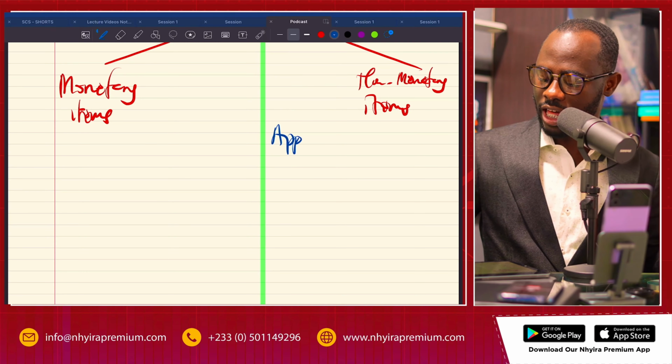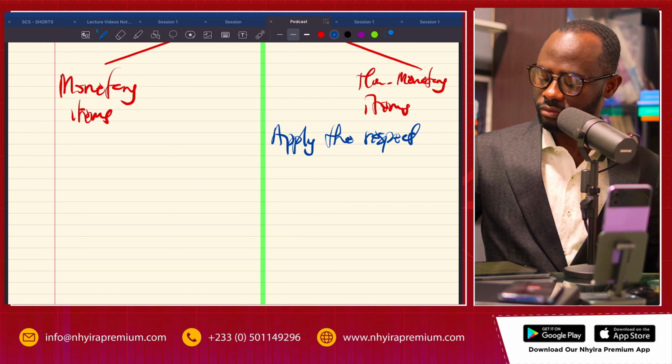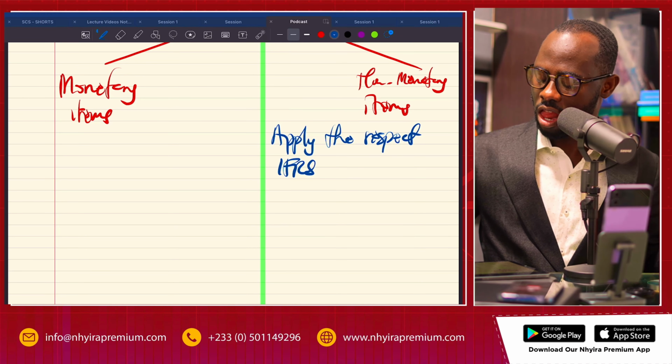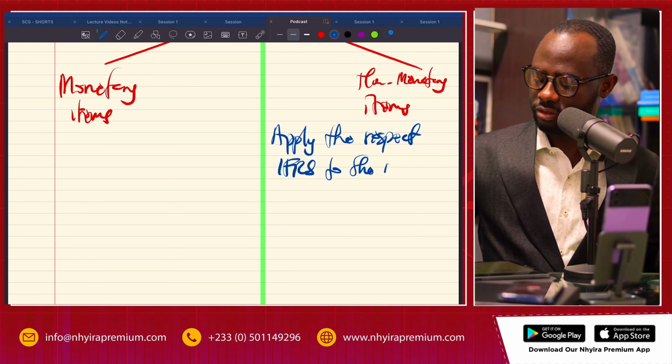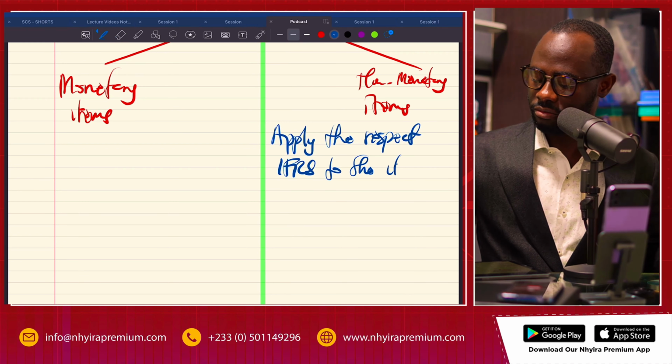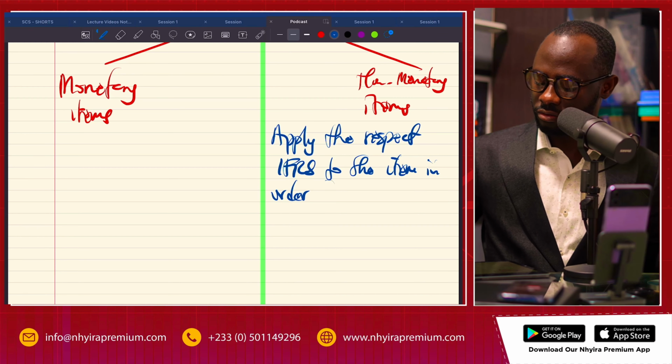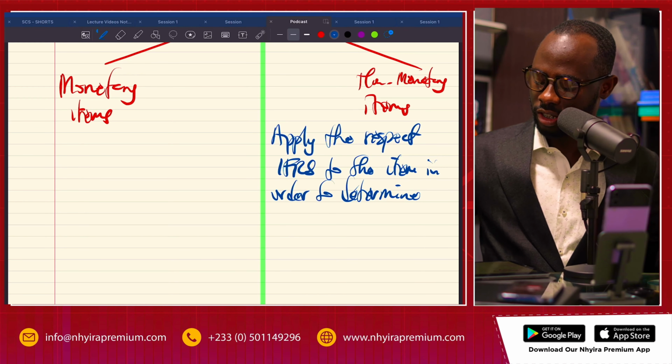So here we apply the respective IFRS to the item in order to determine its carrying amount.